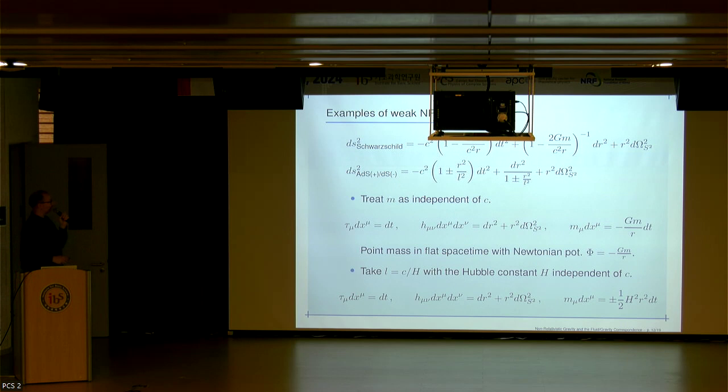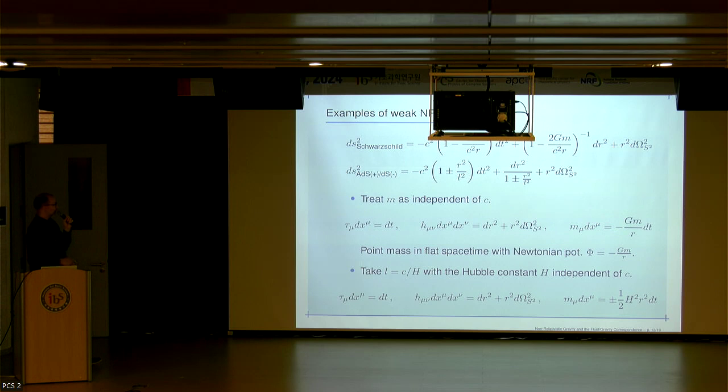And then if you treat the mass as independent of the speed of light, and you just read off what the expansion is and match with the fields that we defined on the previous slides, then you get this. So you see that you get a Newton-Cartan geometry with absolute time. This is just a flat geometry in spherical coordinates, and you get a Newtonian potential, just standard textbook stuff. So you see that also this M field, the time component of it, gives you Newton's potential. That will actually be important, and that's always true in general.